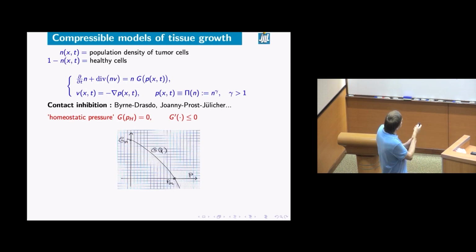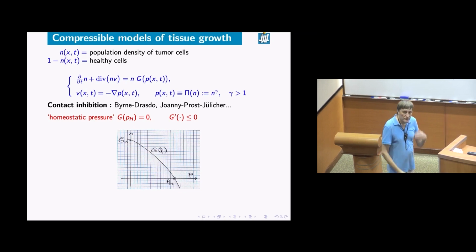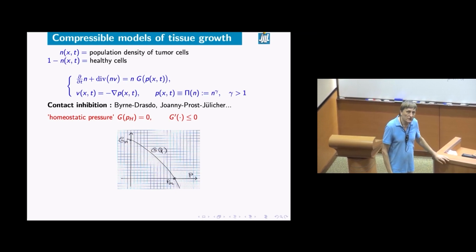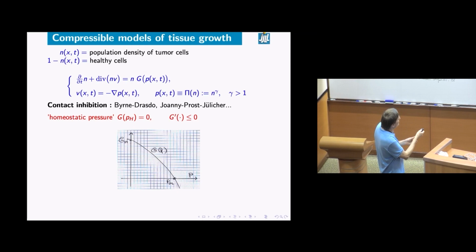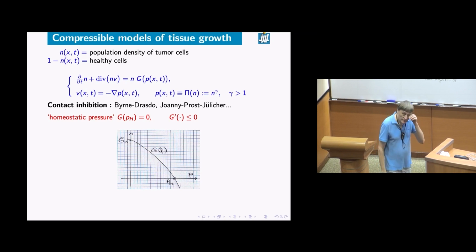So our basic model now becomes the porous medium equation plus a right-hand side, decided by a growth rate which decreases with the pressure, because the cells do not like high pressure. You have this homeostatic pressure, where the cells stop dividing, G of pH equals 0, and the function G is decreasing.